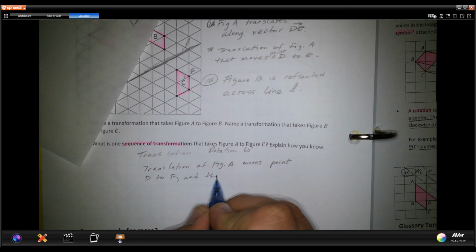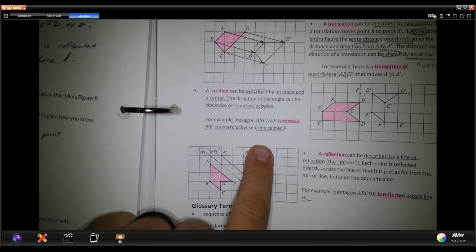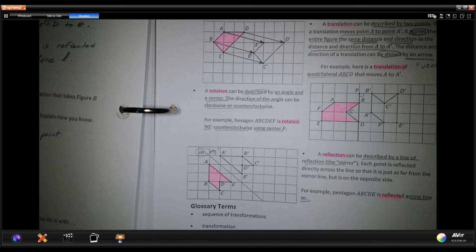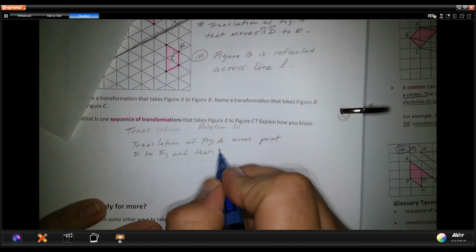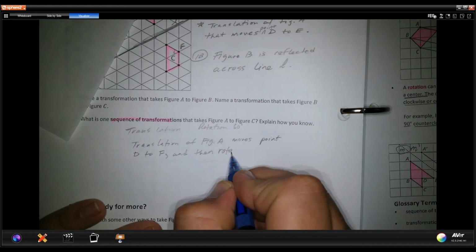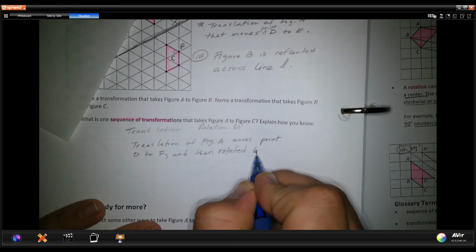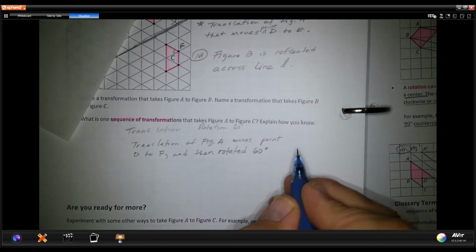And then I go back over to my sentence frame that talks about a rotation. I see a rotation says rotated 90 degrees counterclockwise, so I'm going to include the degrees. And then figure A, I'm going to say is rotated 60 degrees.